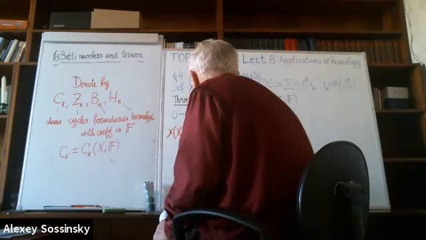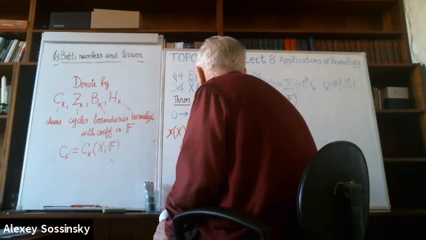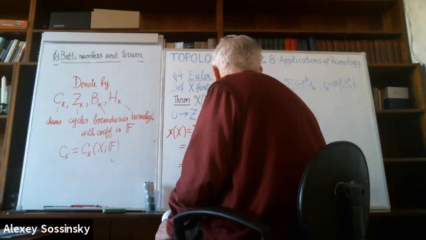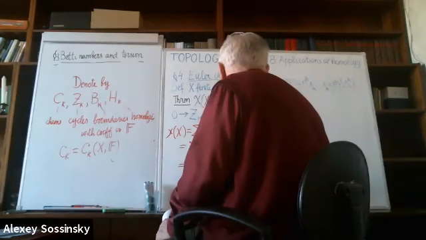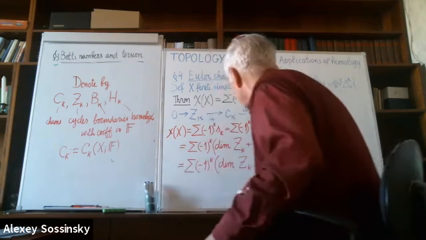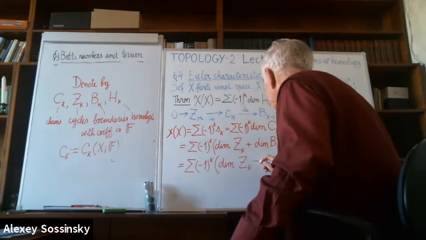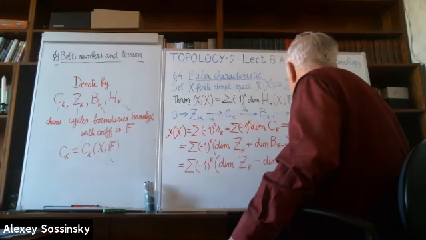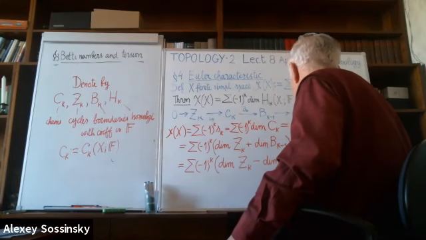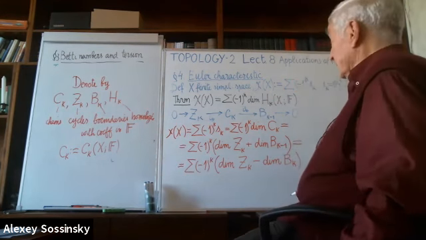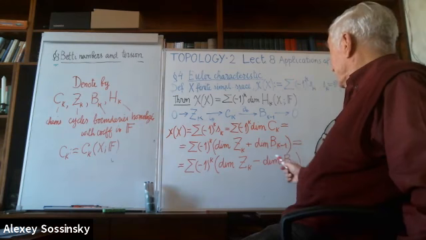Write the sum of minus 1 to the k of the dimension of Zk minus the dimension of Bk. Now, what have I done?